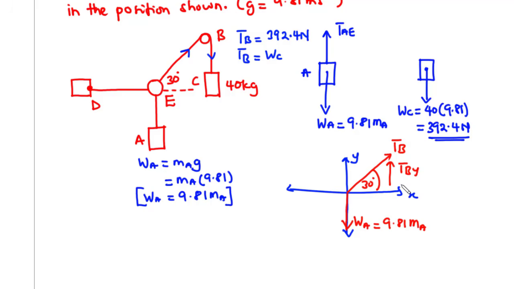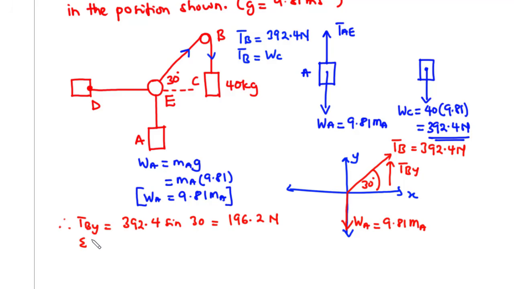Now let's find the value for TBY, and then we can add that to WA and find the value of MA. Since TB is 392.4 newtons, TBY, the y component, is 392.4 sine 30, and that gives us 196.2. So that is the value of TBY.